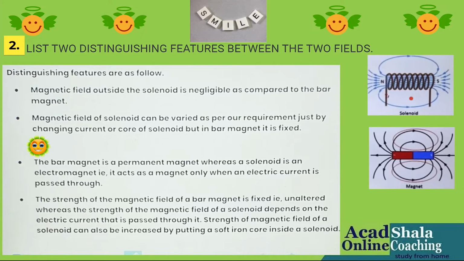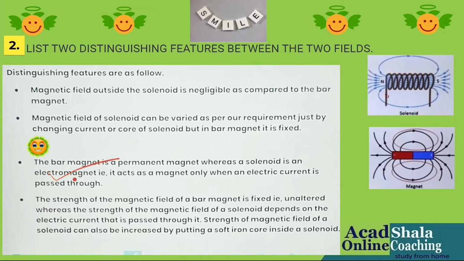That means we can change it as per our requirement, which I told you, just by changing the current or core of the solenoid. But in a bar magnet, it is fixed. I can make any change in the solenoid, but not in a bar magnet. Why? A bar magnet is a permanent magnet, but in the solenoid, I can change accordingly.